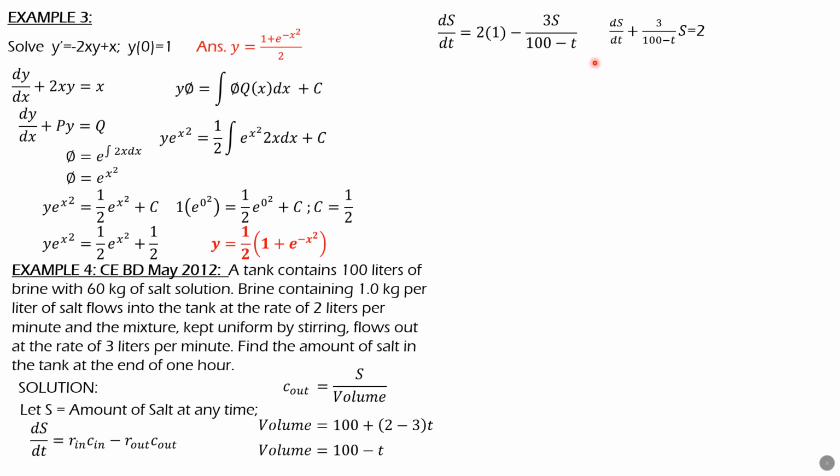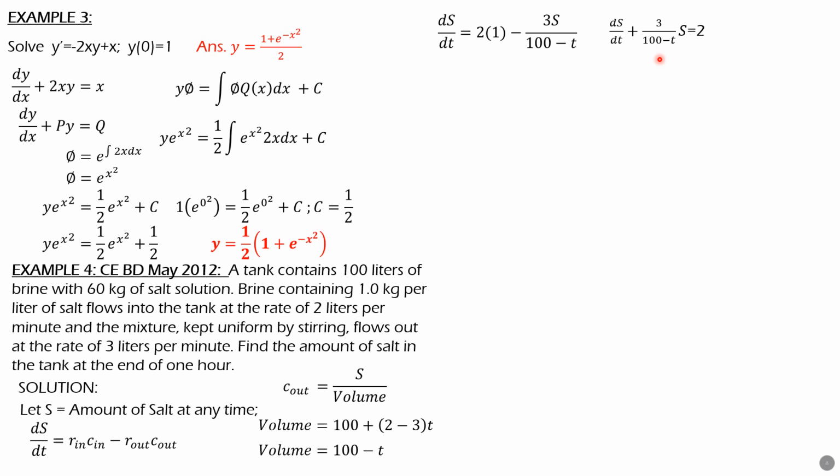So that means the integrating factor is e to the integral of p of x dx, and p of x is this one, 3 over 100 minus t.